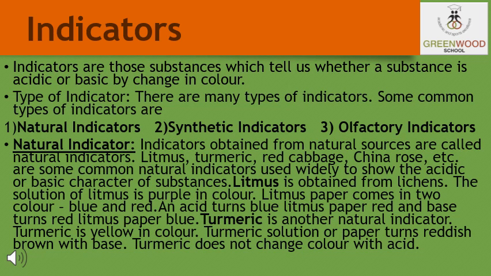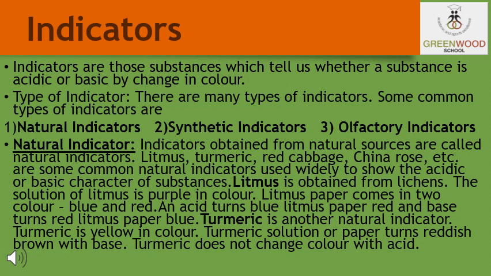in nature. So there are mainly three types of indicators. These are natural indicators, synthetic indicators and olfactory indicators. Now the natural indicators are the indicators which are obtained from natural resources.